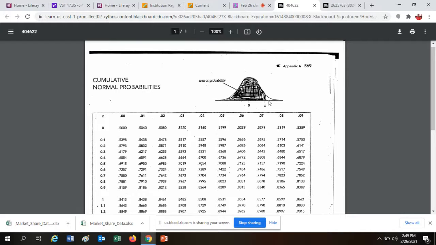Some will give you a table that doesn't look like either of them. It is a table from 0 to this. I think I'm out of time, so I'm not going to go find it.